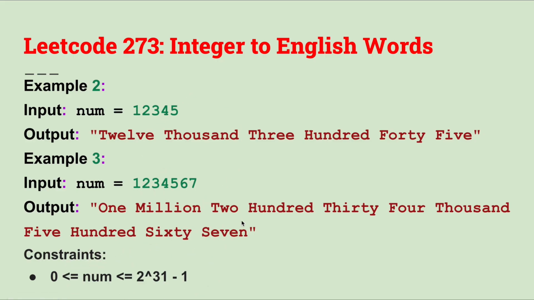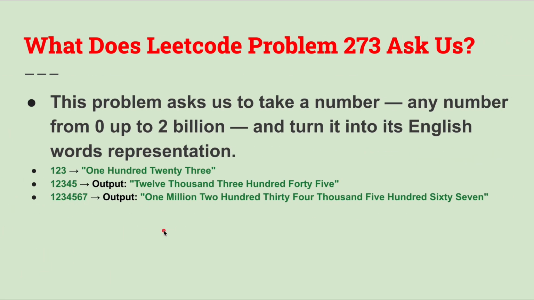How do we go about converting a number like this into plain English words? There is some strategy that we need to follow. Before that, we should understand what this Leetcode problem is asking us.